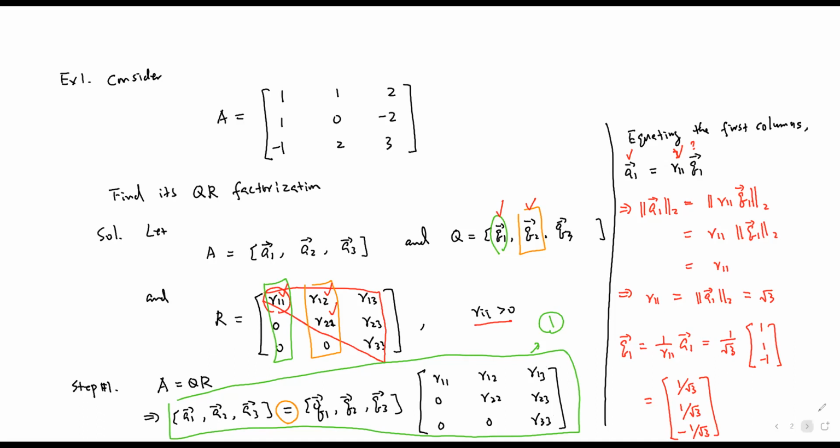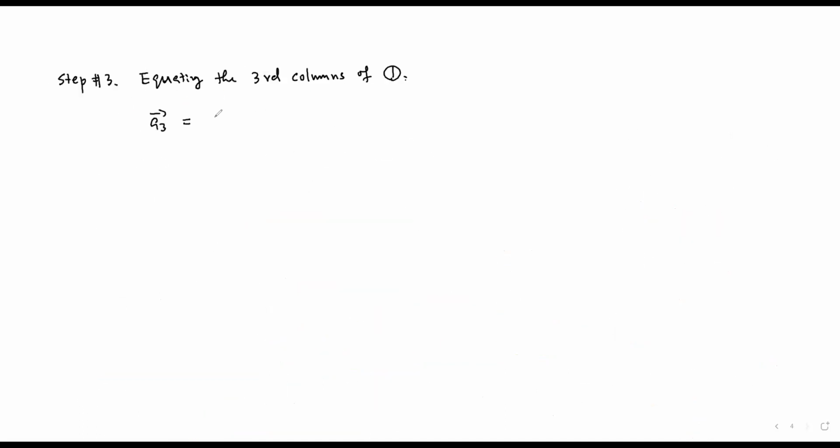So it is R31 Q1 plus R32 Q2 plus R33 Q3. What are the unknowns about this equation?